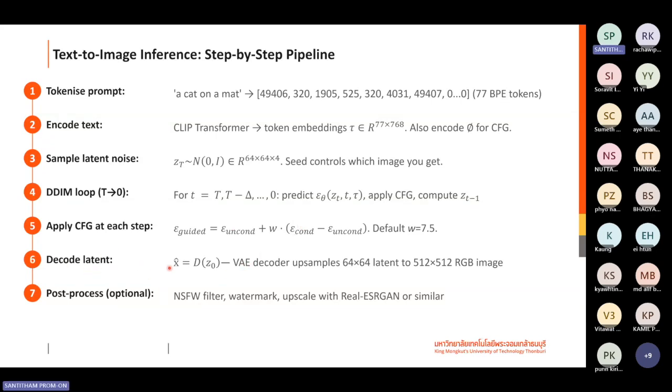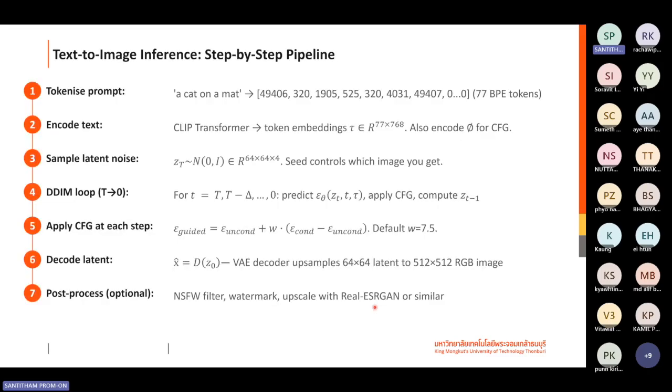Finally, decode the latent to get x hat using the autoencoder decoder, to upsample it. Then you can add a filter at the end, add a watermark as in Gemini, perform a not-safe-for-work NSFW filter, or perform upscaling using image processing. This is the post-processing.